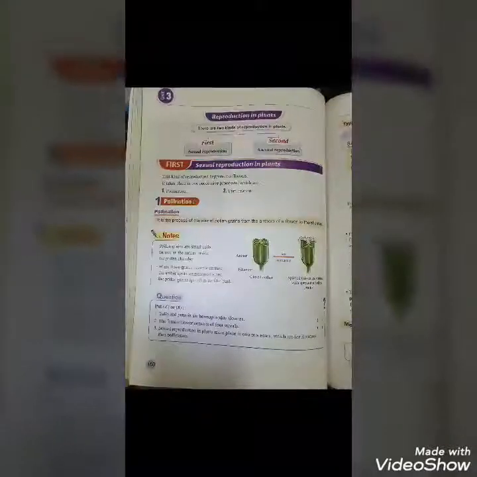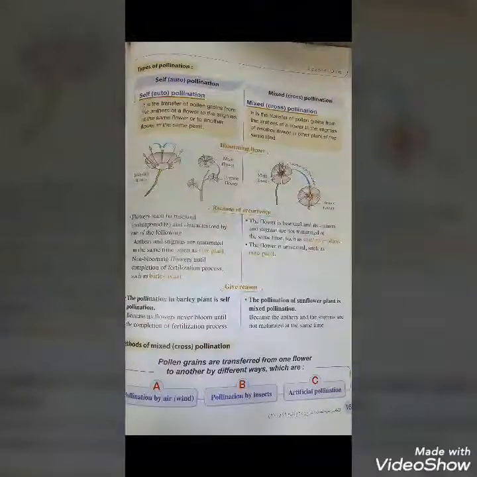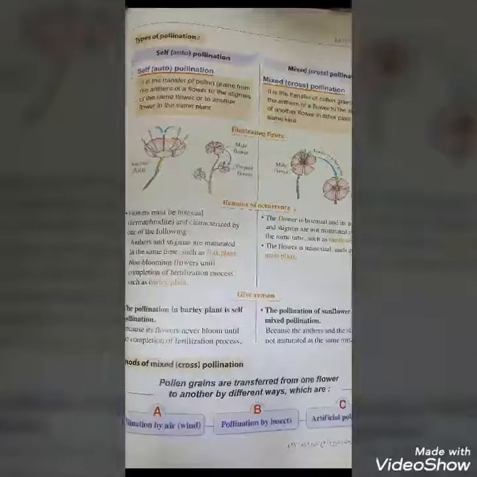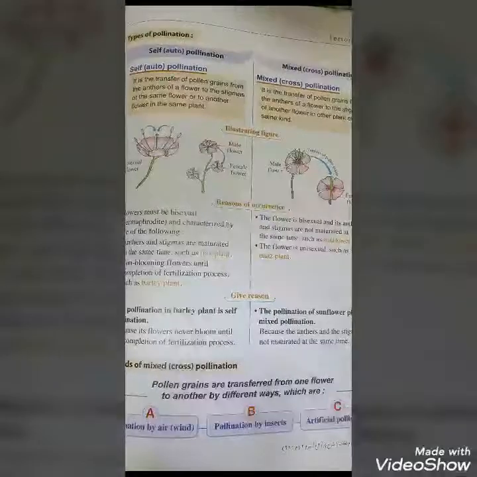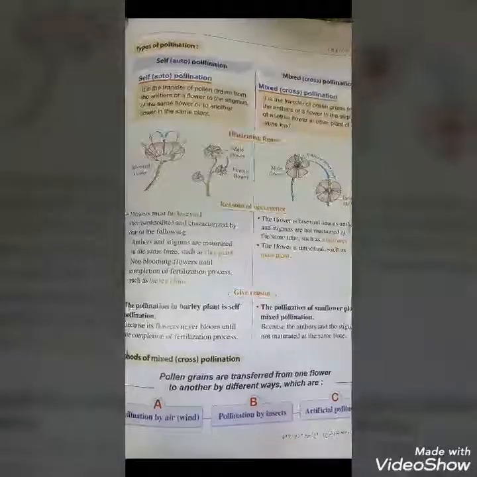Okay, let's move to types of pollination. We have 2 types of pollination. The first one is called self-pollination or auto-pollination. The second type is called mixed pollination or cross-pollination.